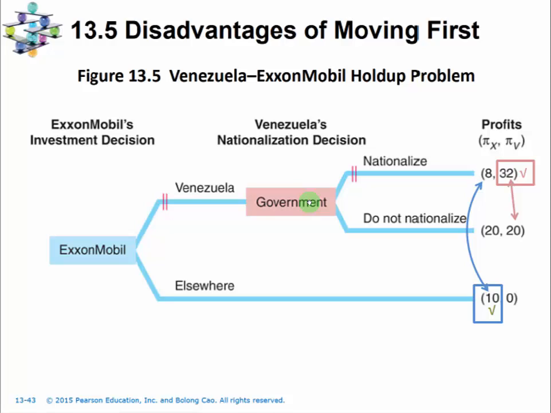The hold-up problem actually shows us an example where the first mover has a disadvantage in a game. In this example, we have two players. One is ExxonMobil, which will decide whether to invest in Venezuela or not.